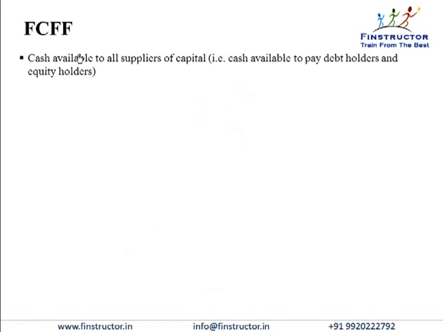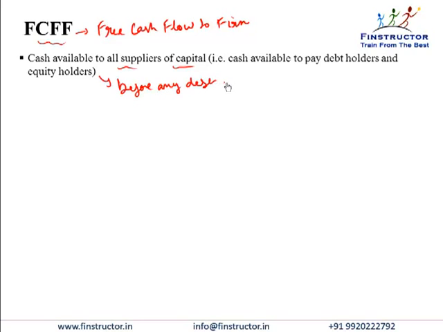We now move on to a very important classification called free cash flow to firm, or FCFF. So FCFF is the cash available to all suppliers of capital. That is the cash generated by the firm before any debt holders or any equity has been paid any money.